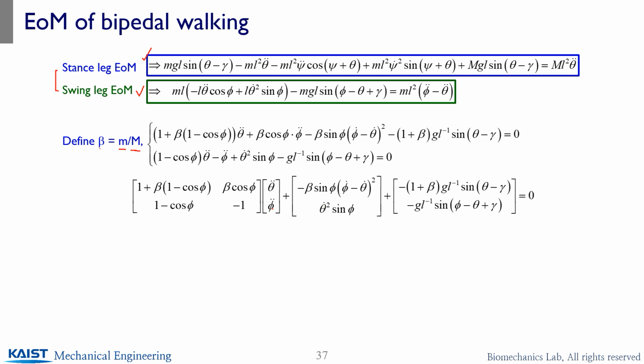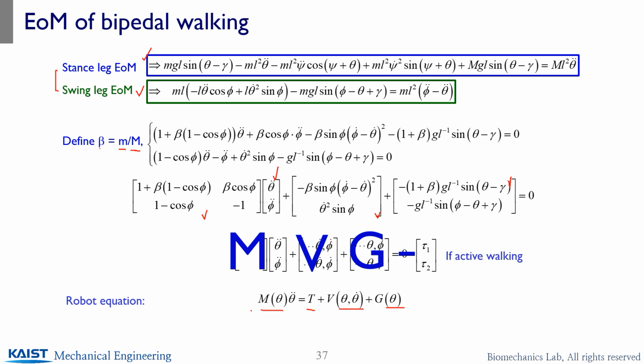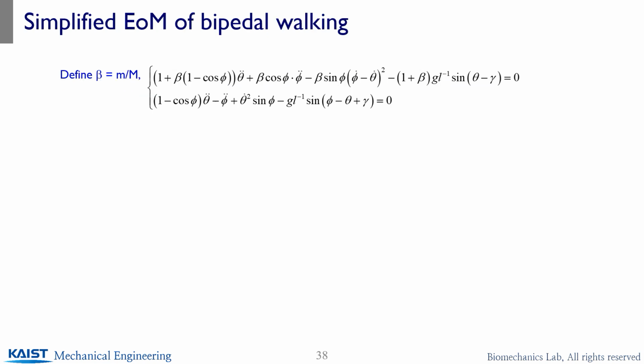And we can have all the acceleration terms multiplied by the inertia, and the velocity term and the gravity term. So it pretty much looks like what? The robot equation, right? And when you have active walking, you can actually add torques. So the equations of motion for bipedal walking are pretty much similar to typical multi-segment dynamics.